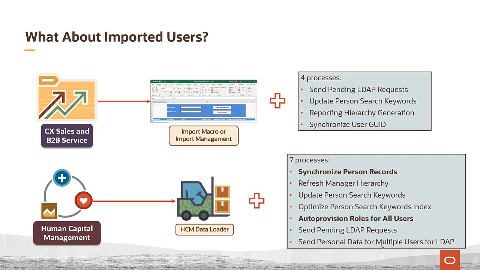These processes are listed in recommended order for each pillar. Notice that for sales, you send the pending LDAP requests before you update the person search keywords because sales is aware of roles, whereas in HCM, you run the pending LDAP requests after updating the person search keywords because you're adding people before you're assigning the roles.